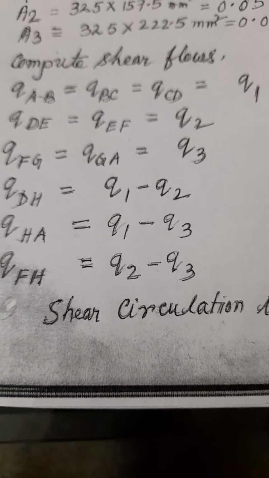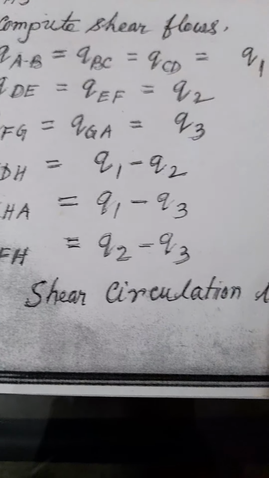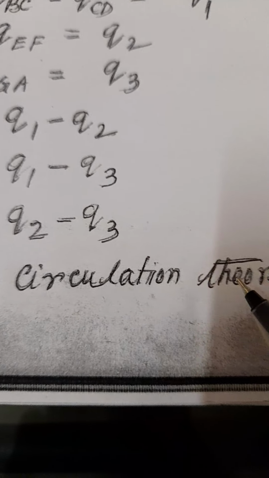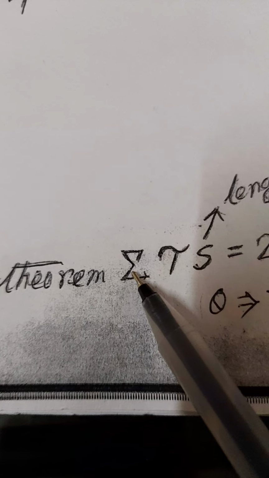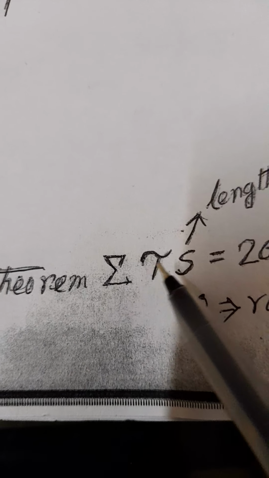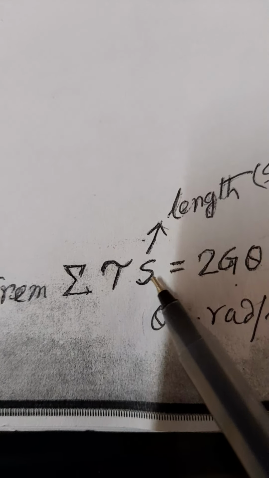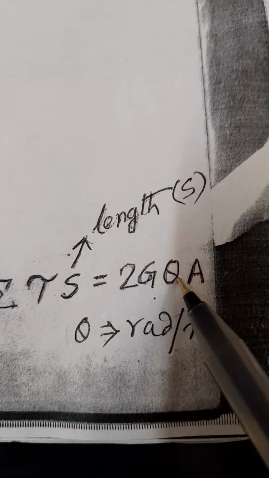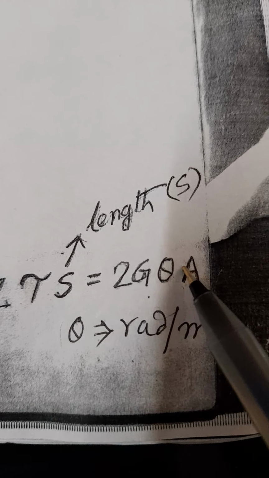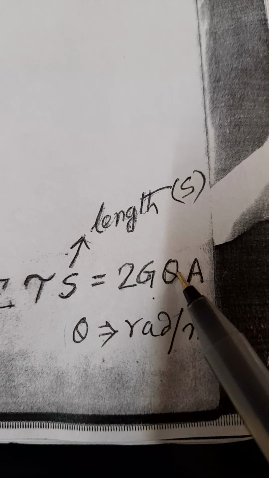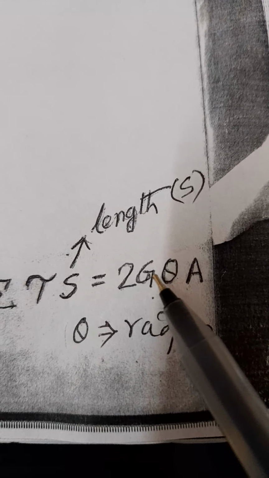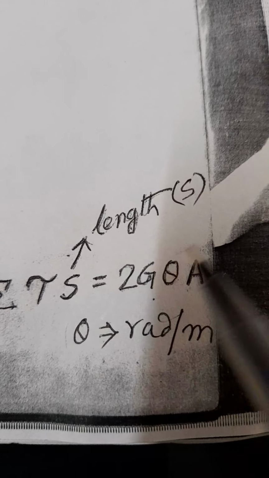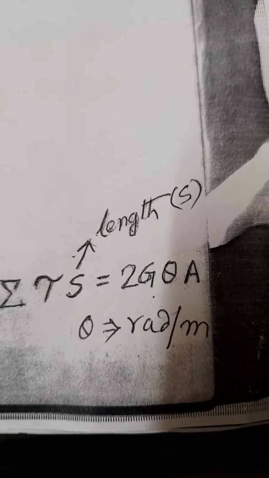Okay. Now this is the most important equation and theorem, the shear circulation theorem. What is that? The summation of tau, the shear stress, into the length is equal to 2G theta into A. A is the area, theta is in radian per meter, the angle of twist per meter, and G you know, the modulus of rigidity.